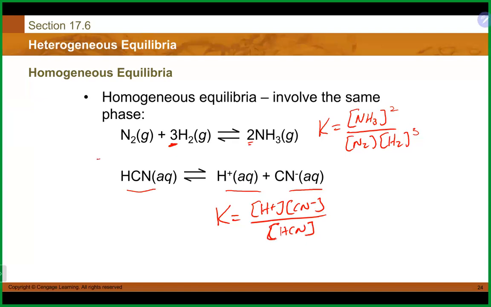For the top one, because they are all pressures, you could write, again, a Kp for this one, which would be the partial pressure squared of NH3, divided by the partial pressure of N2 and the partial pressure cubed of H2. Bottom one, no Kp could be written because there's no gases. So obviously there's no pressures, so you couldn't write any type of Kp expression for it. Any questions on either of those there?